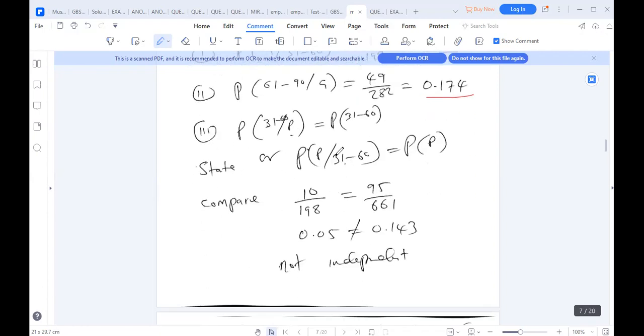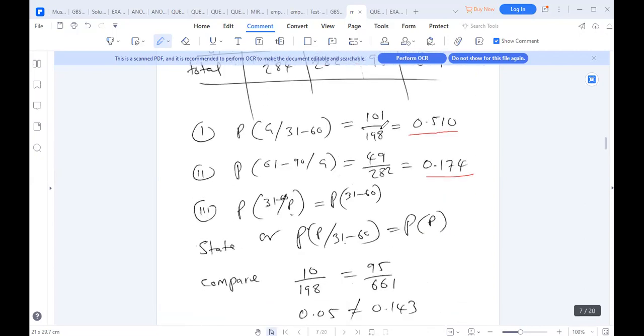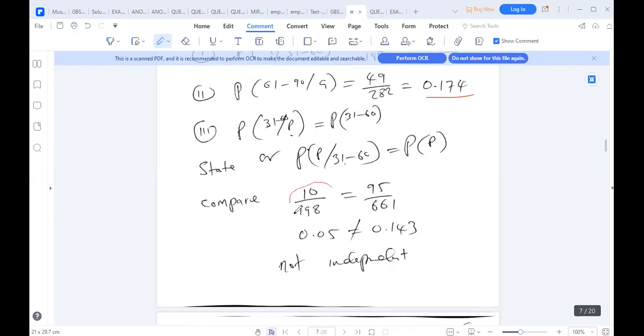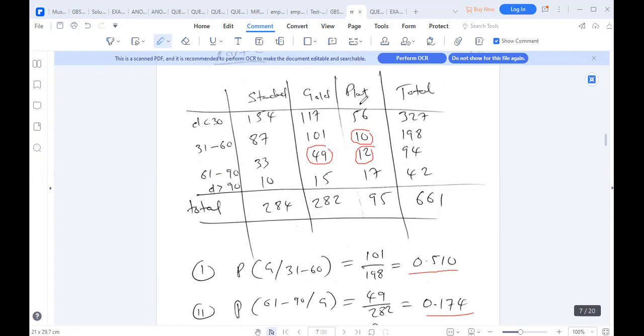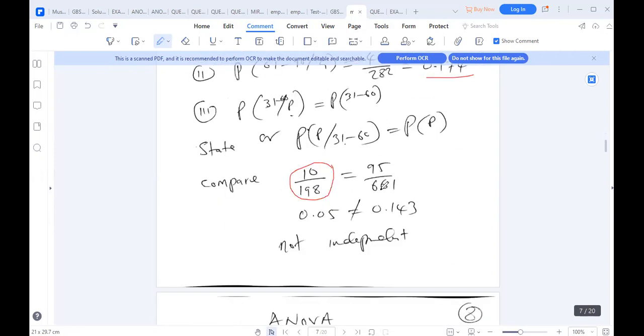So P given 31 to 60 over 31 to 60. 31 to 60 is 198. So 10 over 198. And I'm going to compare with the probability of platinum. Platinum is here, 95 over 661. I evaluated them. The figures were not the same. So I concluded that they are not independent.